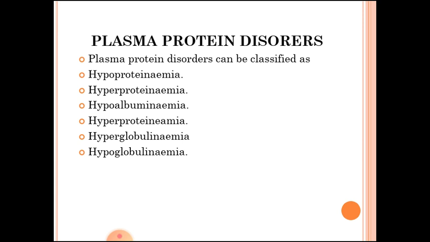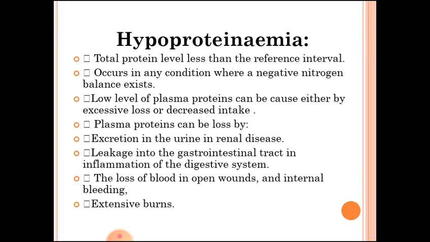Increased plasma globulin is hyperglobulinemia, and when there is immunodeficiency, reduced or decreased plasma globulin is also known as hypoglobulinemia.